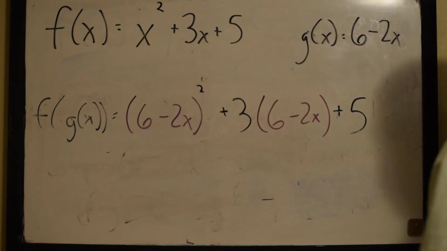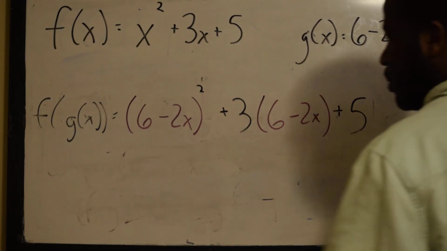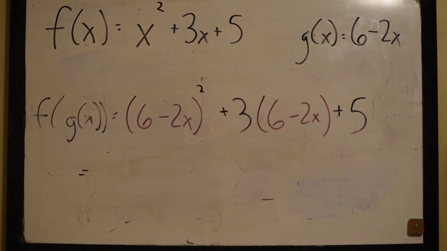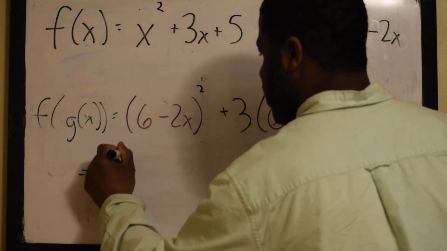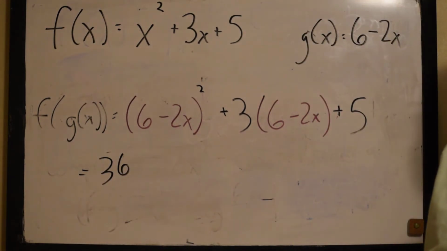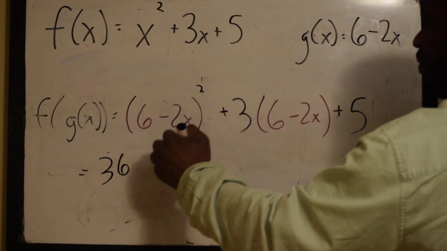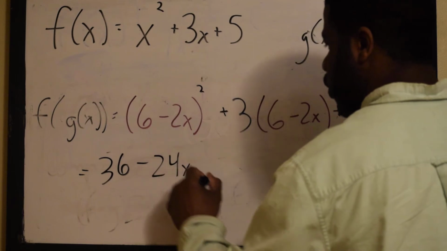So now, I'm going to let you use scratch paper for this particular problem, just because I don't have quite as much room as I would normally have. But we can remember the rules. 6 squared, that's 36. 6 times a negative 2 is negative 12x. That is negative 24x.